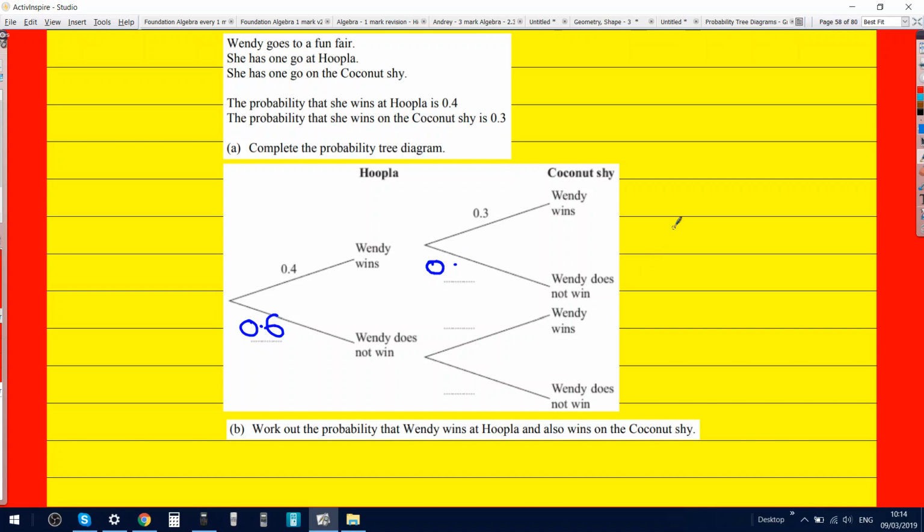No. Would it be 0.4? No. What did these two add up to? 1, sorry. Oh, so would it be 0.7? Yeah.